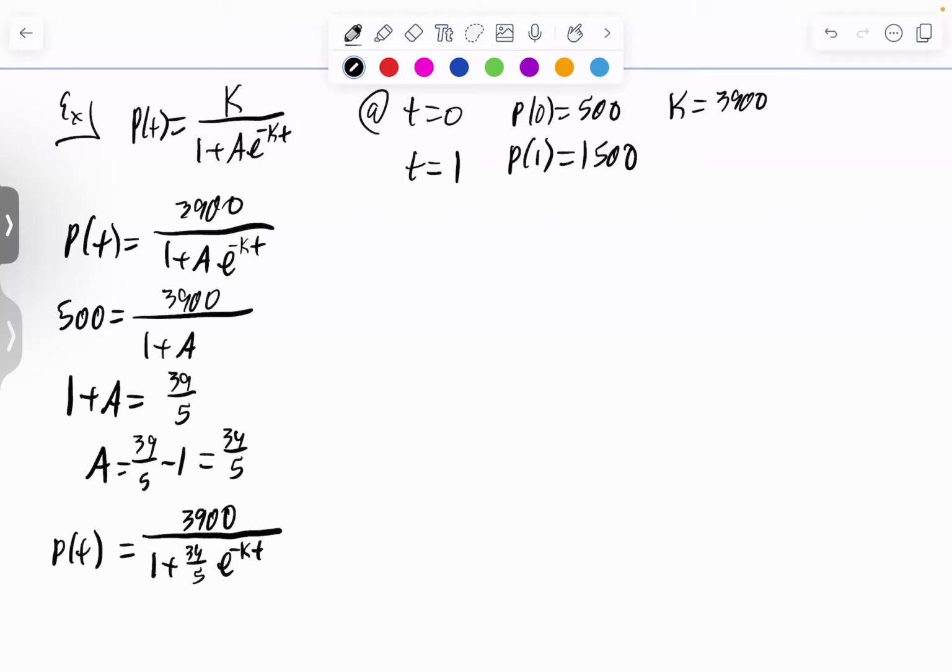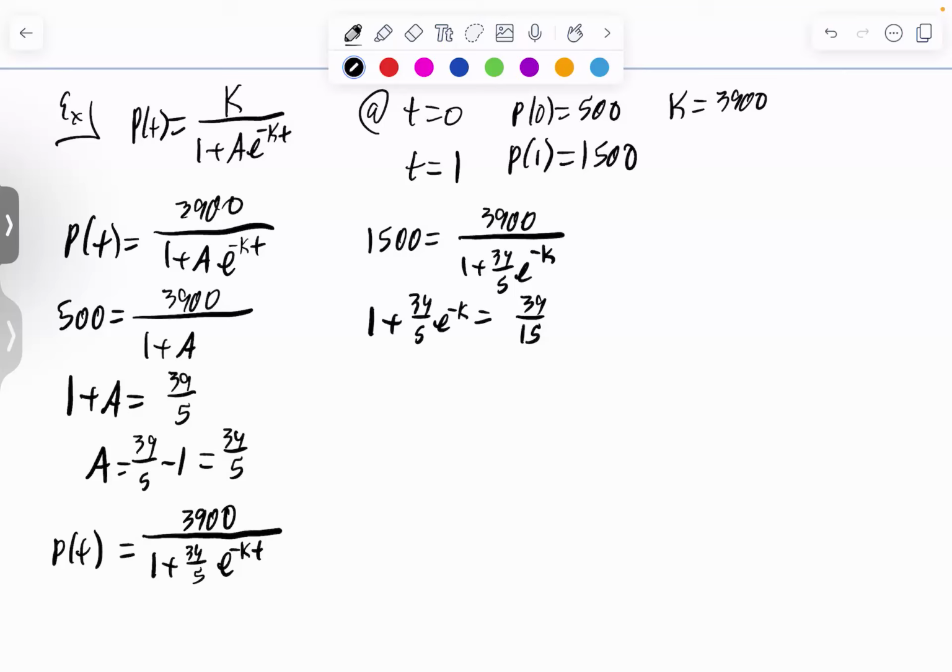All right, I'm now going to use the other condition, meaning t equals 1, p of 1 equals 1,500. So this is going to give me 1,500 equals 3,900 over 1 plus 34 over 5 e to the negative k power, since t is equal to 1. And my goal here is to solve for k. So I'm going to, again, cross multiply, divide. So I'm going to get 1 plus 34 over 5 e to the negative k equals 39 over 15.